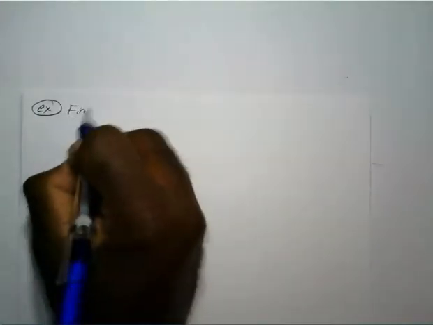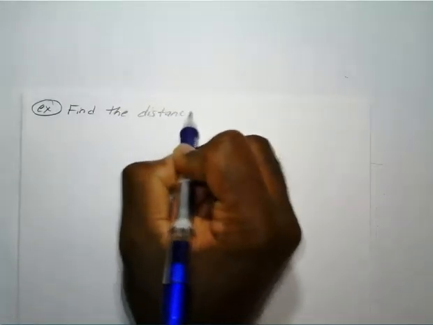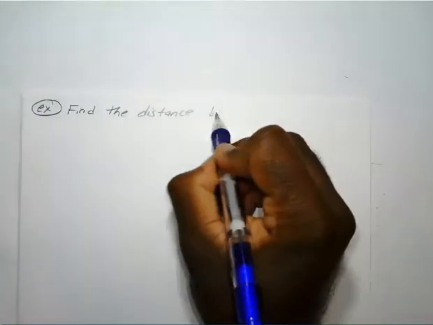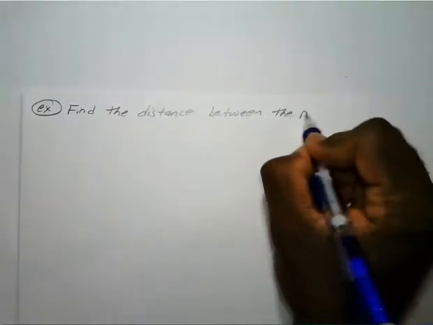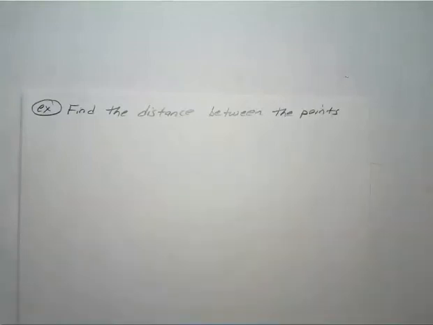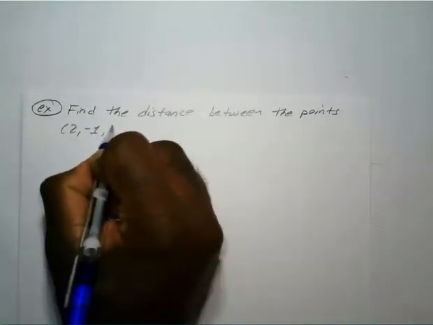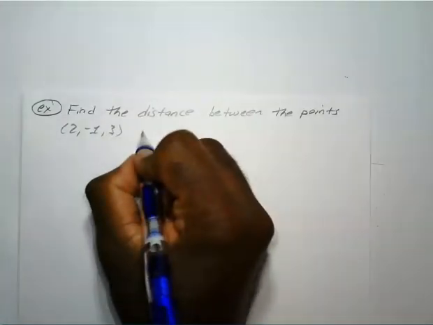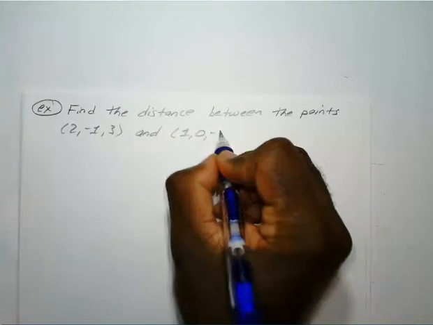Let's say, for example, we want to find the distance between the point (2, -1, 3) and (1, 0, -2).